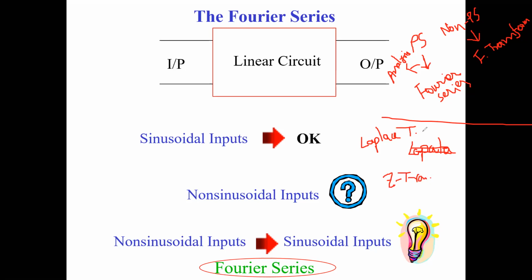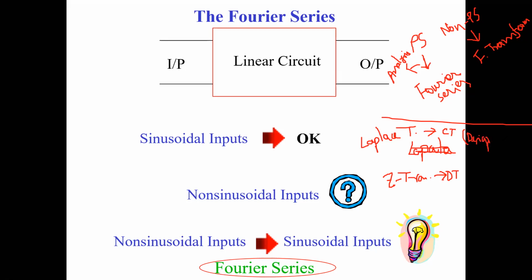Laplace transform is used for continuous time signal design, and Z transform is used for discrete time signal design. That is the design purpose.